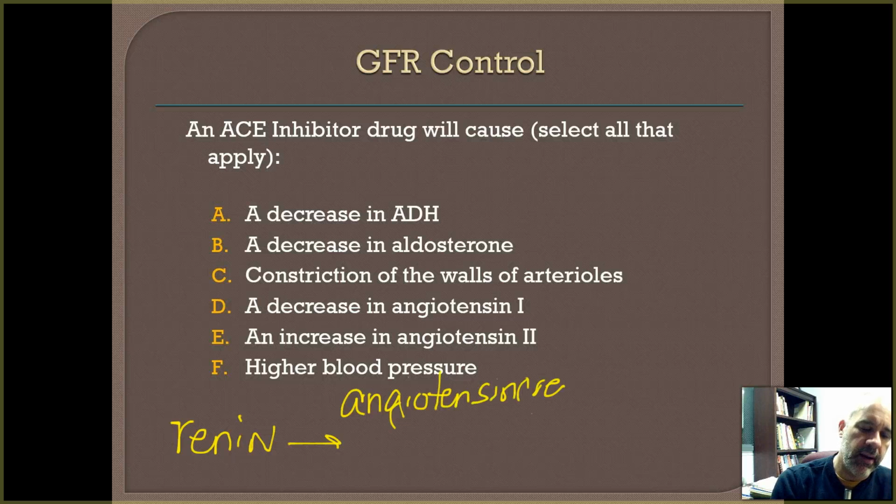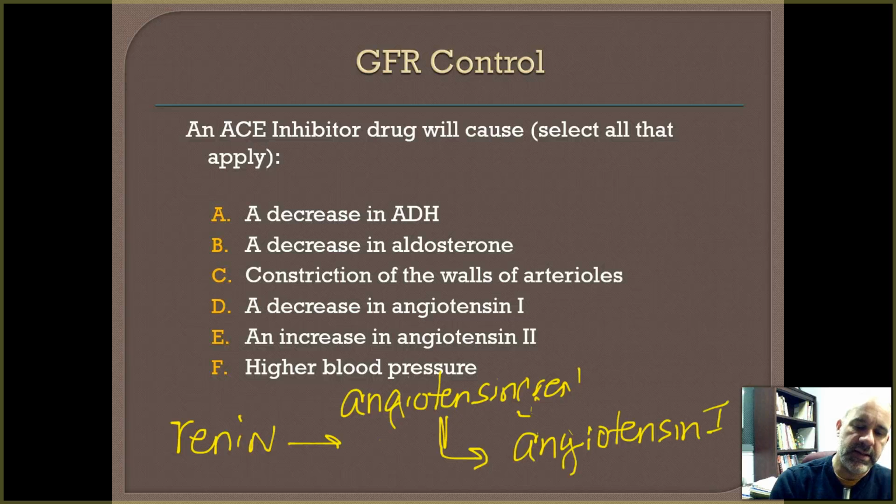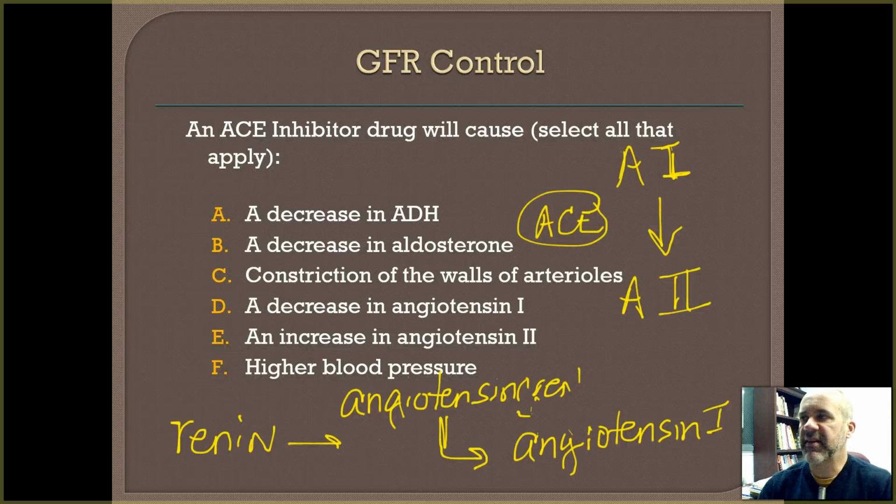And renin is an enzyme, and it converts angiotensinogen into angiotensin 1, and I'm just going to write that as A1 up here. Angiotensin 1 gets converted into angiotensin 2 by this enzyme called ACE, which stands for angiotensin converting enzyme.